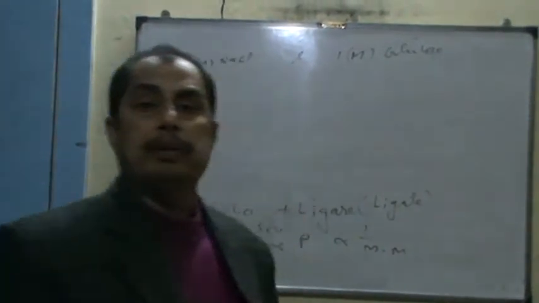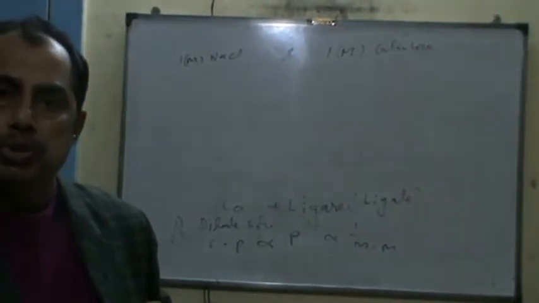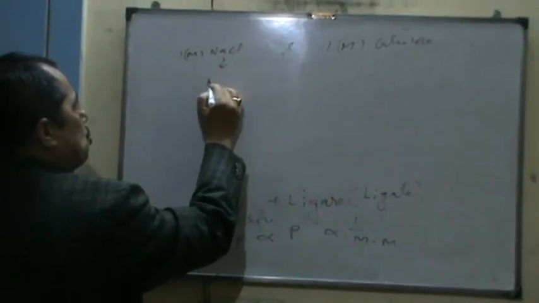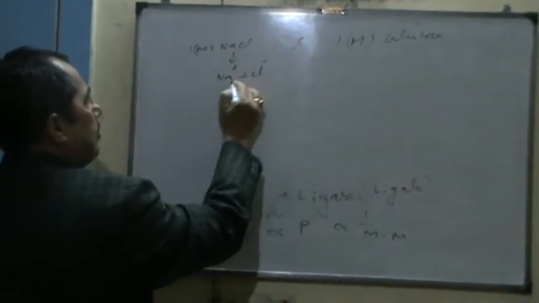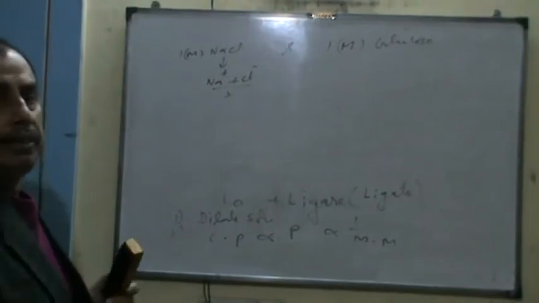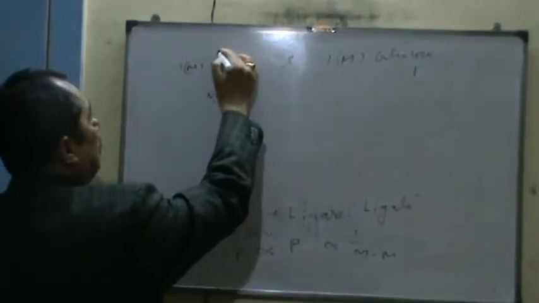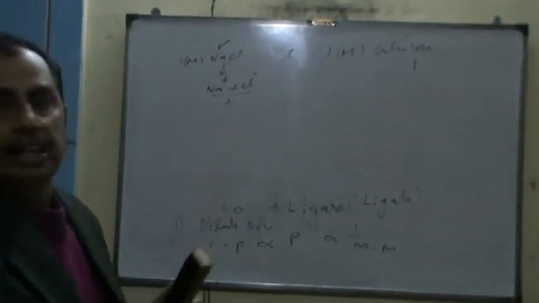Of course, colligative property is directly proportional to the particles formed in the solution. So far as NaCl is concerned, it is ionized to form Na positive and Cl negative, two particles. It is an electrolyte, but glucose is a non-electrolyte, so it will remain 1. So NaCl has more colligative property than glucose.